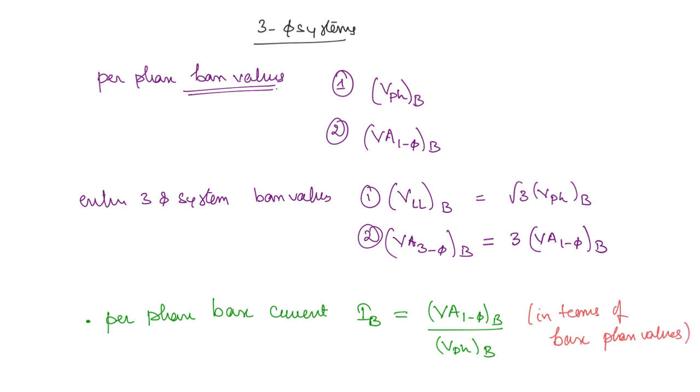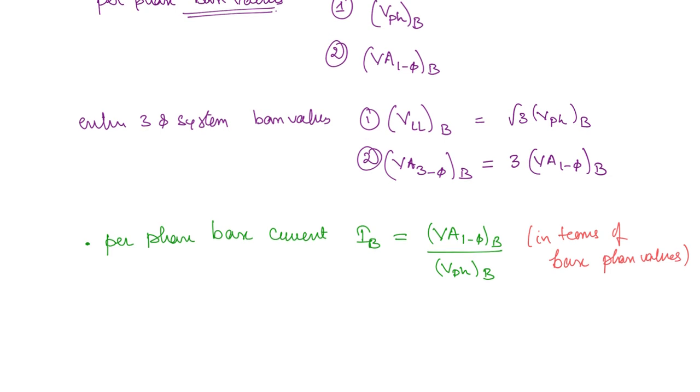But if you want to write it in terms of the line values, then what will it be? In place of VA single phase, you can write VA three phase by 3, right? So VA three phase base by 3 divided by V phase, which you can write as VLL base by √3.